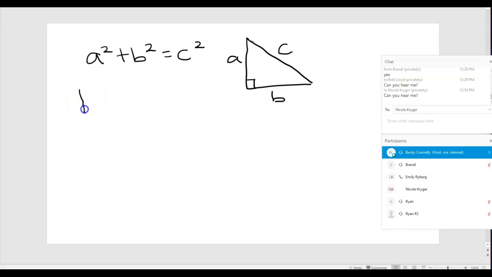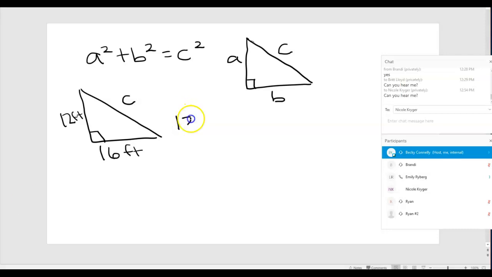So let's say that we're given a right triangle where one of the legs is 12 feet and the other leg is 16 feet, and it wants us to find the hypotenuse. It doesn't matter whether you call 12 a or 16 a, just as long as you remember those are the legs.